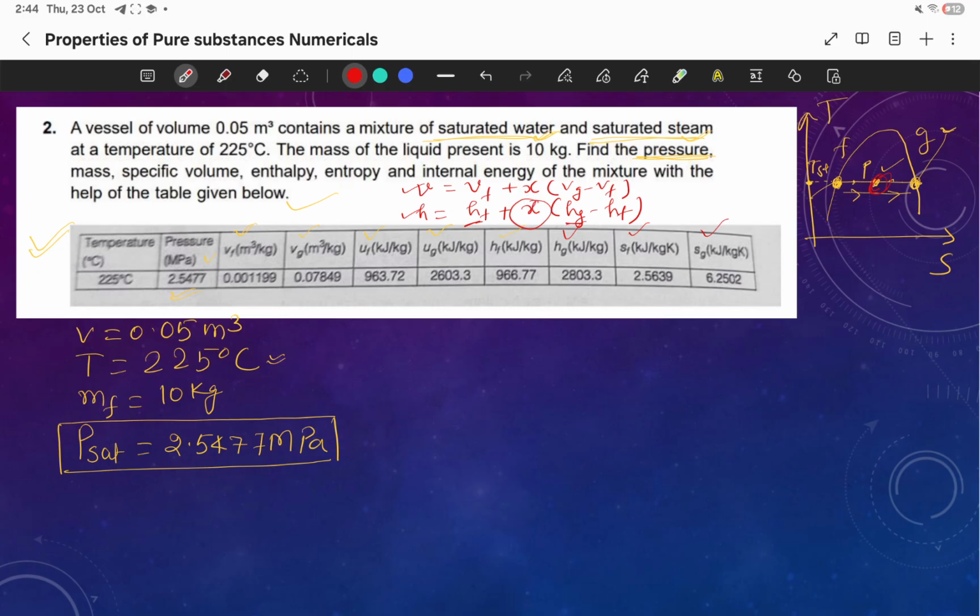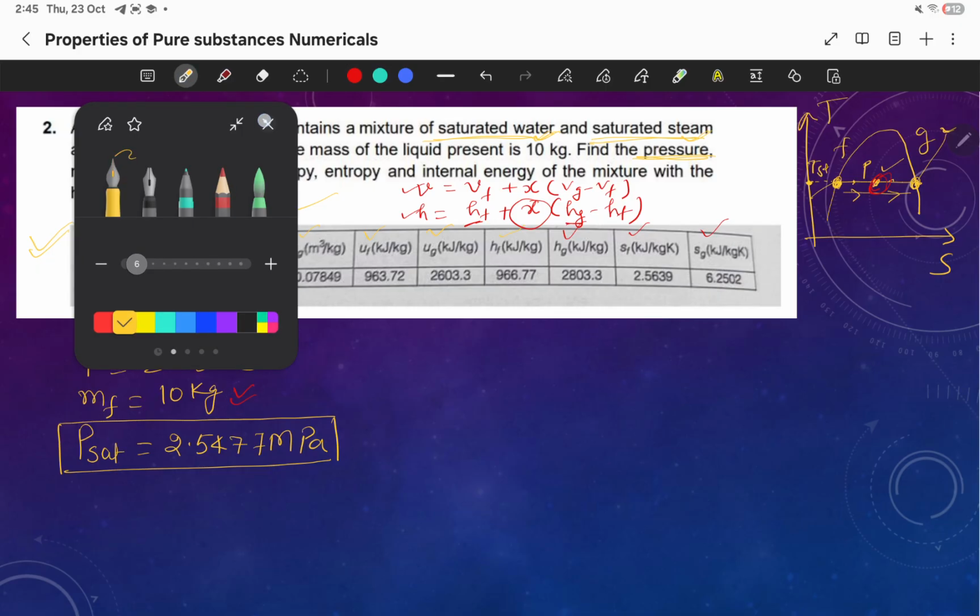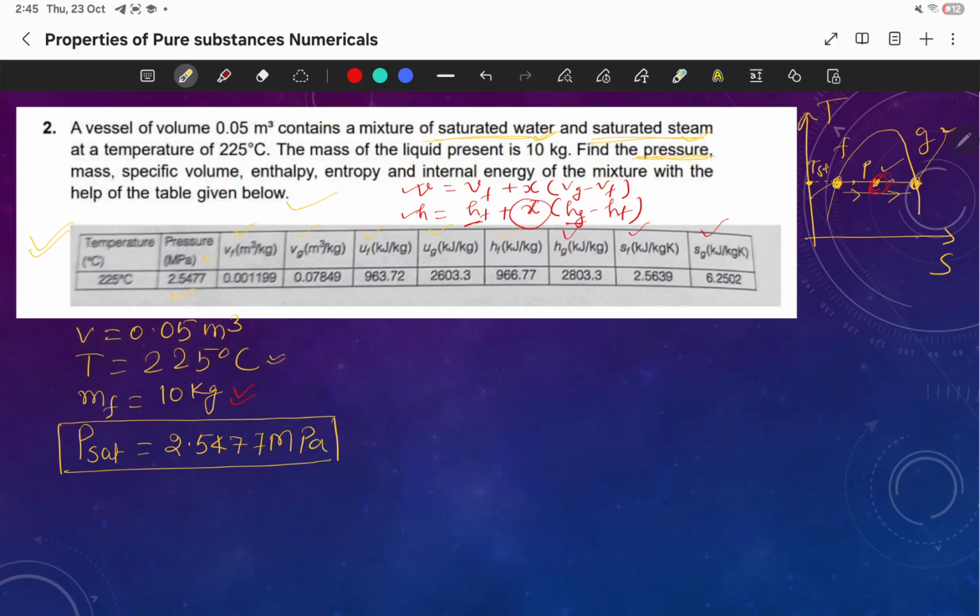We have the mass of the liquid given as mf. So from here, can I calculate the volume of the liquid?